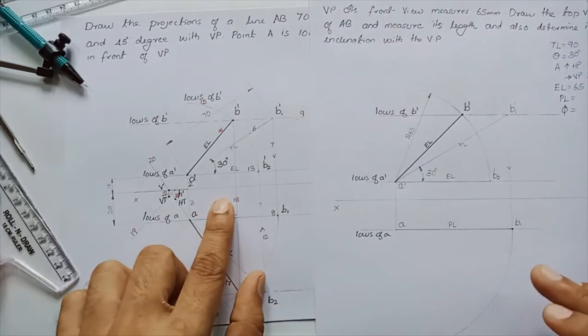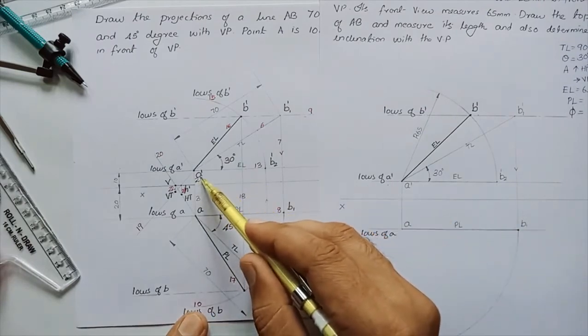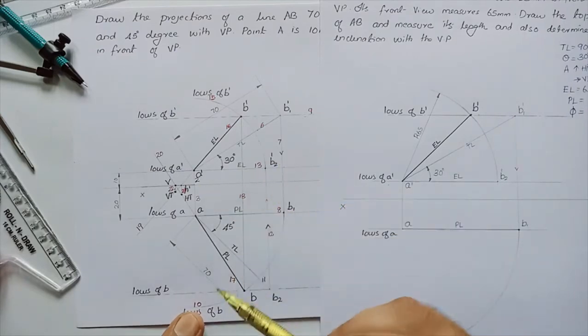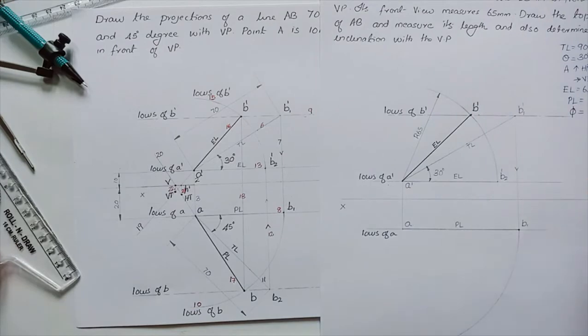Please compare it with this diagram. So here we are having A dash, B2 dash, is it? Here you are having A dash, B2 dash, and there are actually many ways in which we can approach this particular problem.